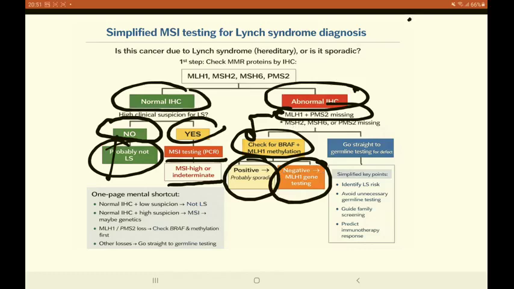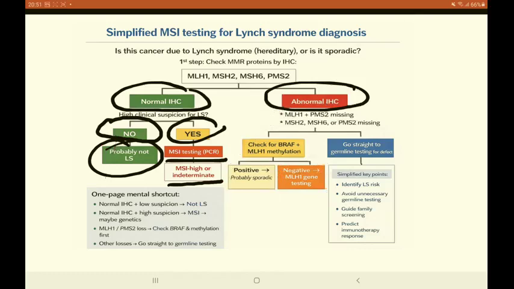So what does that mean? It means if the IHC is abnormal in any one of the genes, either MSH2, MSH6 or PMS2, that is an indication for us to do the germline testing accordingly.